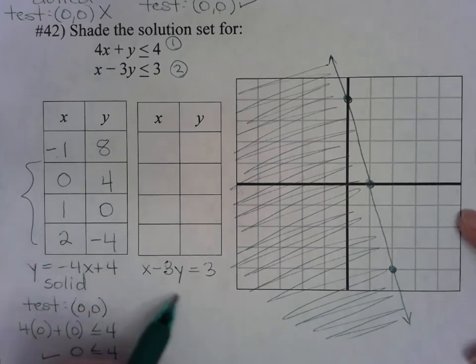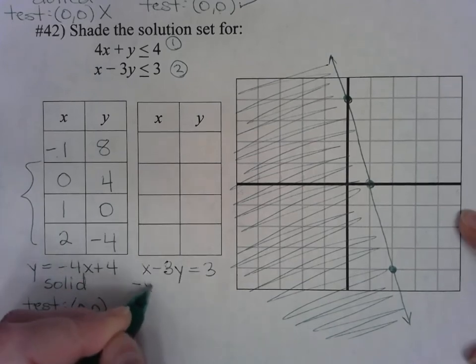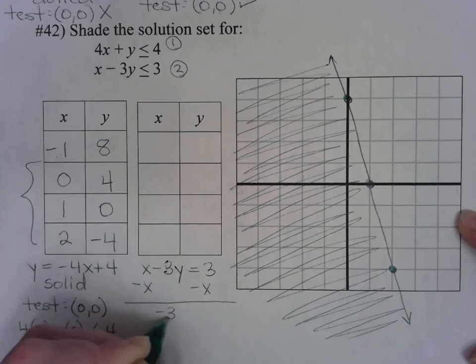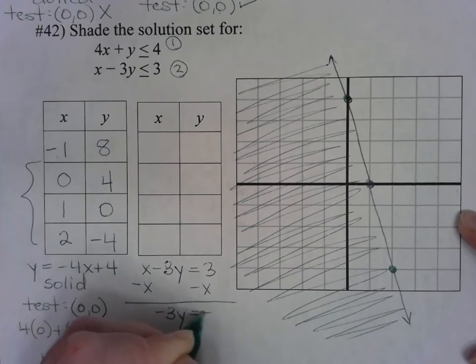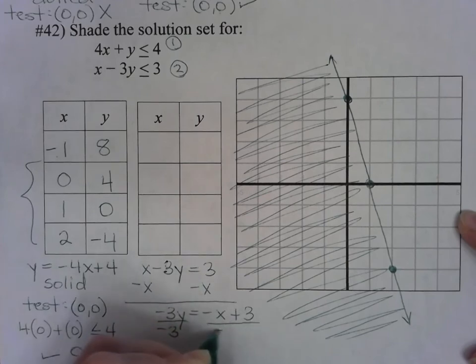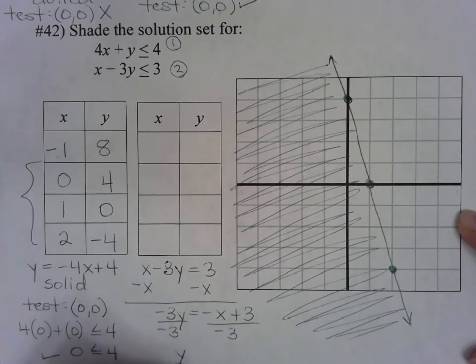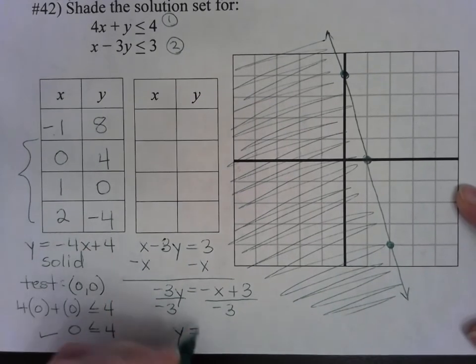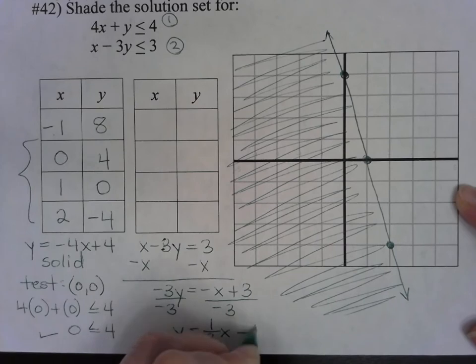I'm going to subtract the x over to the other side. And then I'm going to divide everything by negative 3. So that gives me y equals 1/3 x minus 1.